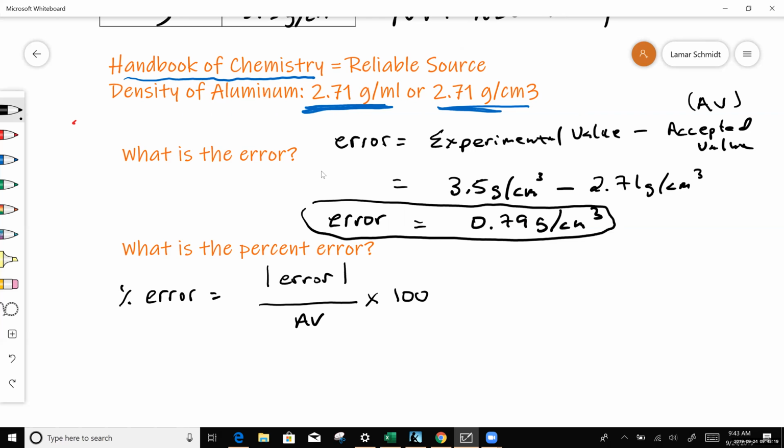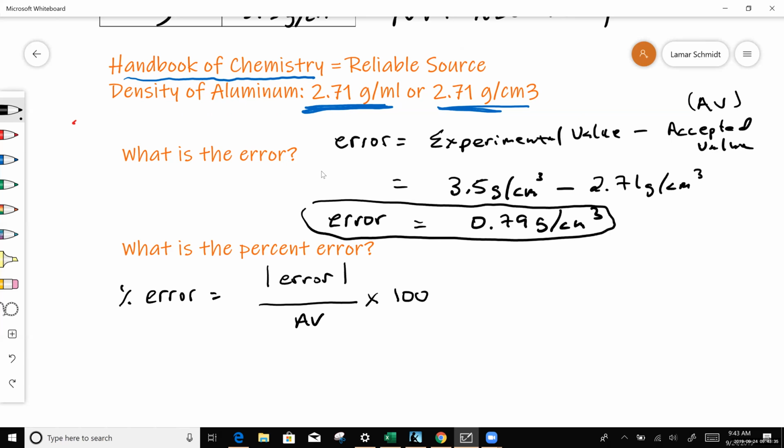I'm not going to put the percent sign in there because I did not realize that if you put in 100% on your calculator, it does not give you the right value. So just in your calculator, only type in times 100, and that's going to give you the percentage.